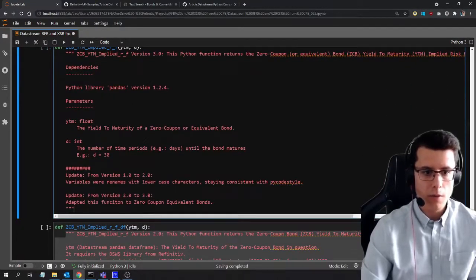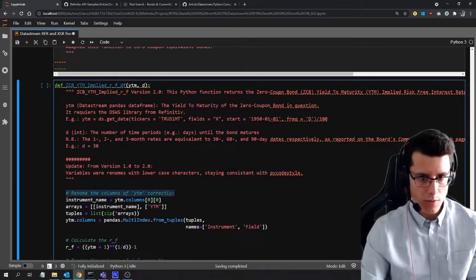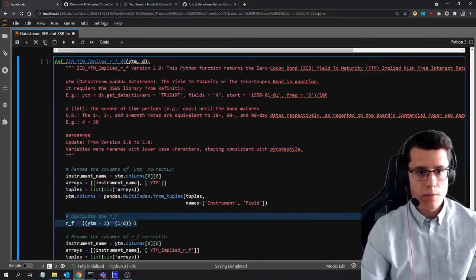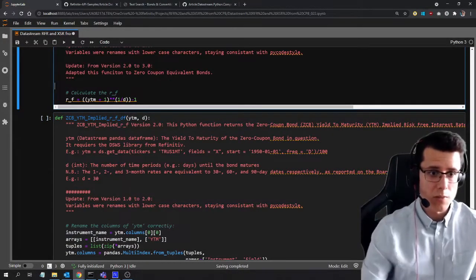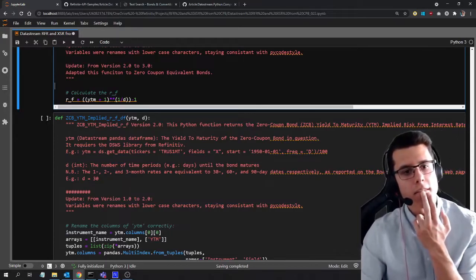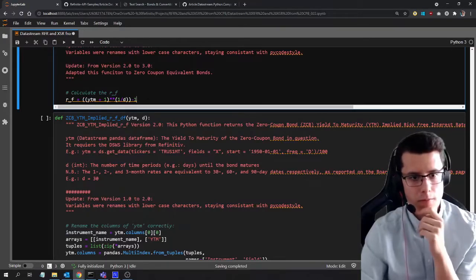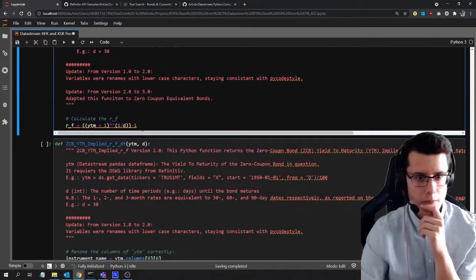All right, so what we've got here is our function that we're creating, and we are doing something very similar to what I've done here. So calculating our risk-free rate, which is the easiest bit, really. It might seem silly to do this, but it's quite essential.